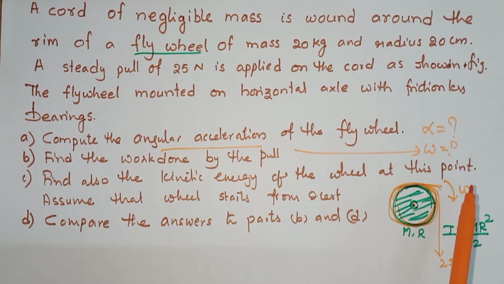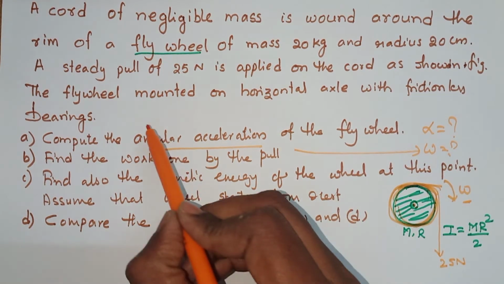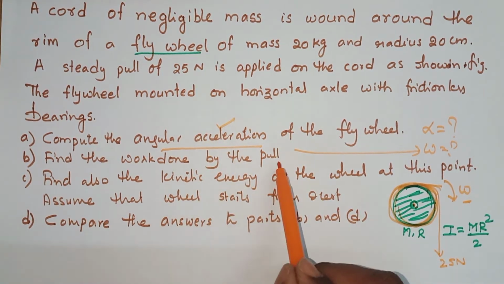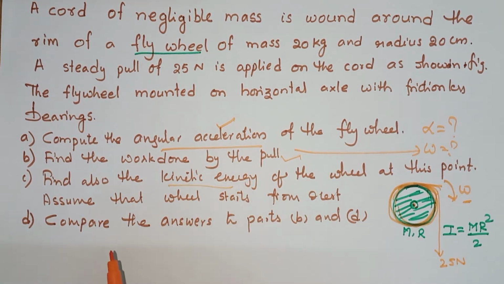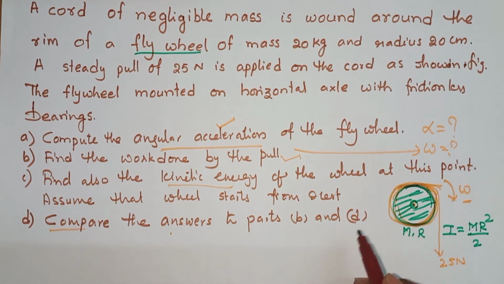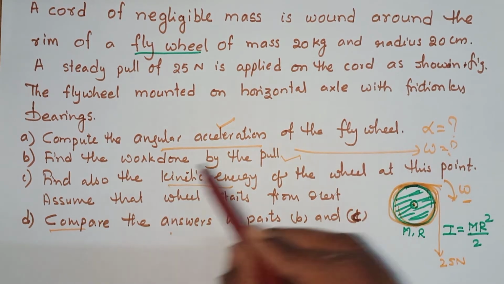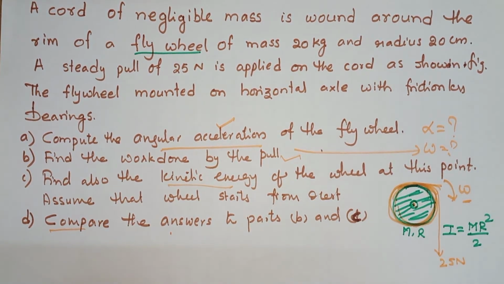The question involves three parts: one is alpha, another is W, another is kinetic energy. Work done and kinetic energy appear to be the same, so we have to compare the answers B and D. If they are the same, we can say they are equal. Otherwise, we have to give some explanation.